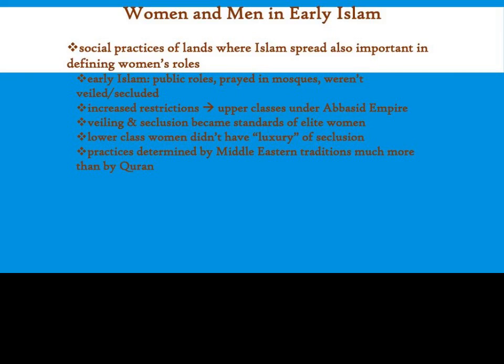Some of the social practices of lands where Islam spread were also important in defining women's roles. In early Islam, some women played public roles. They prayed in mosques. They weren't veiled or secluded. And it was really during the time of the revelations that Muhammad created rules that protected women and gave them some control, even the right to divorce.